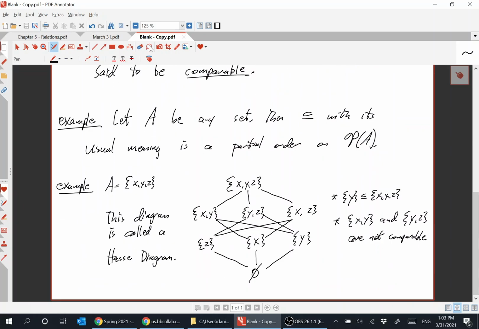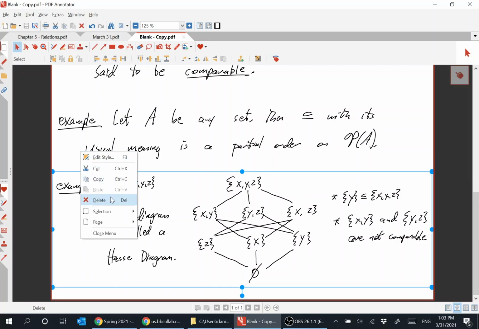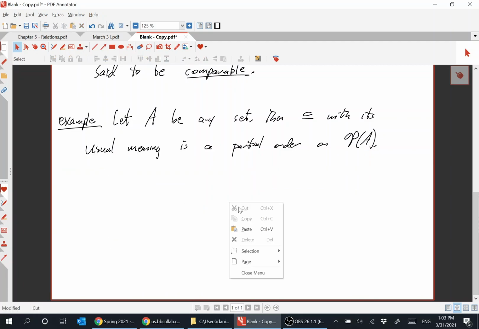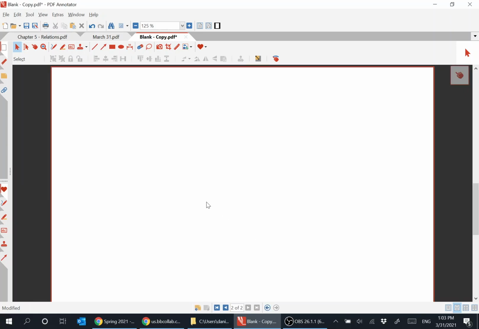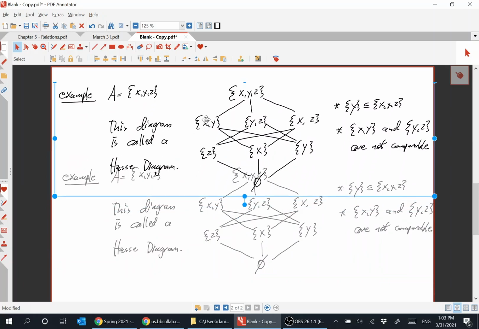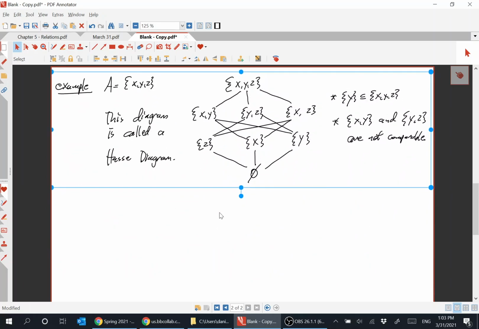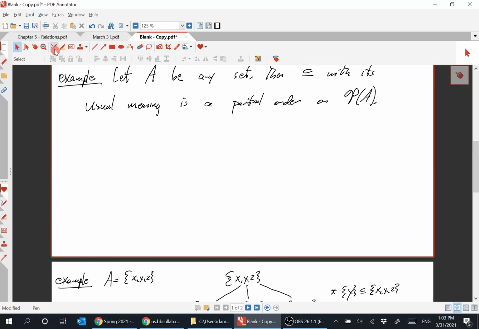Yeah, I guess let's give a proof. Well, we did that proof already. So here. Reflexive, and this is by definition of the subset ordering.